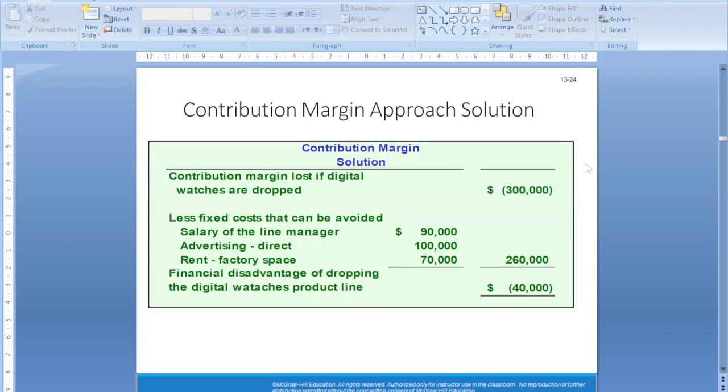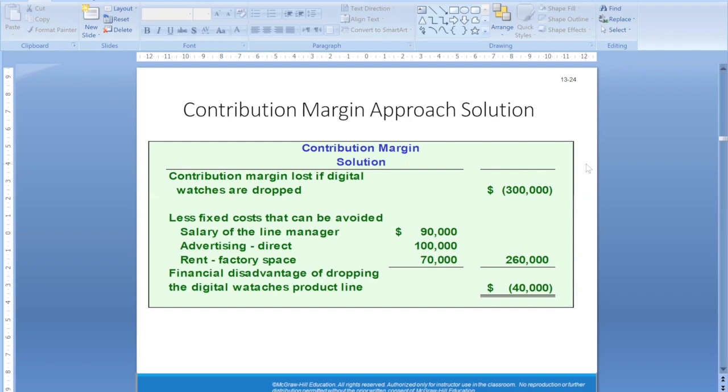Now, we have two approaches to calculate our advantage or disadvantage of dropping or keeping the digital watch line. The first and important approach is called the contribution margin approach. It compares the contribution margin with the fixed costs that can be avoided by stopping the line.